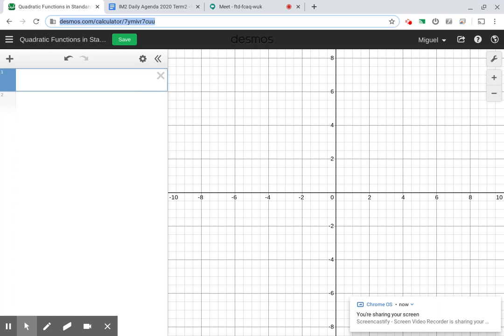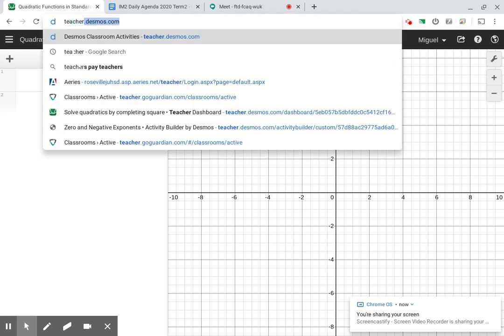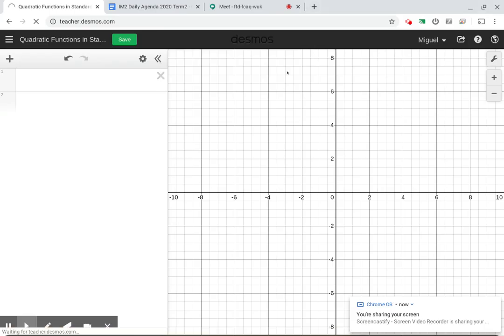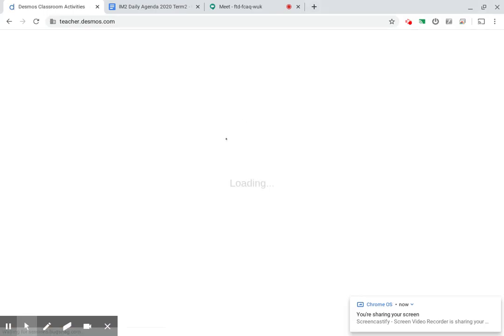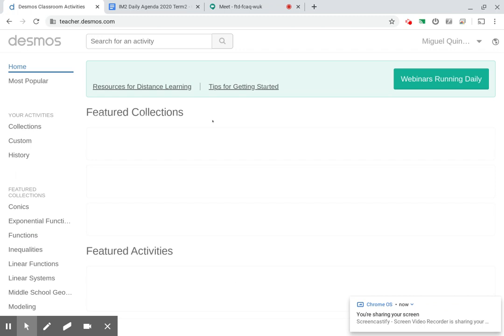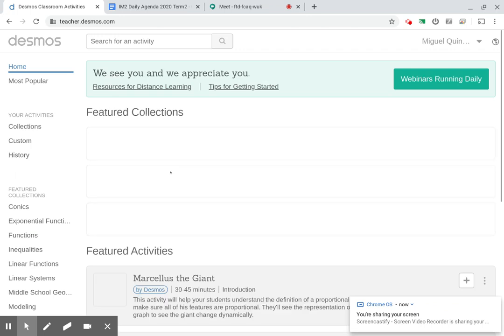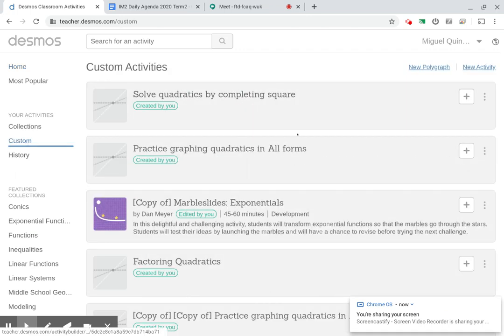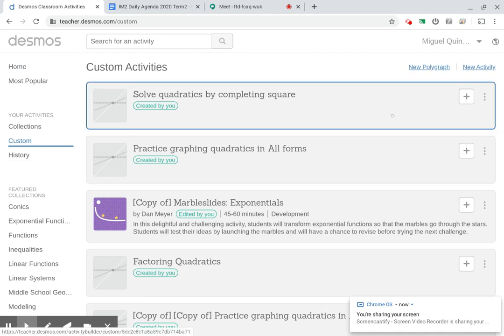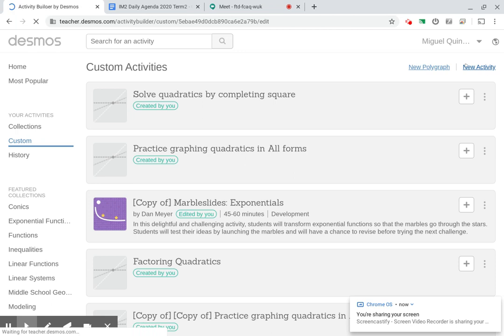You know what? Let me just make a teacher one so I can see what you guys are all doing. Give me 1 second. This way I can see, and it won't take me very long at all. I'll make a quick one. This will be super fast. Here, I'll make a new activity.